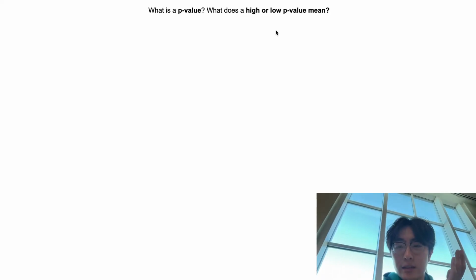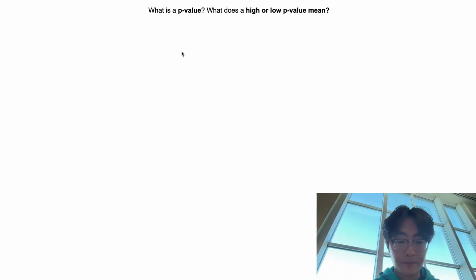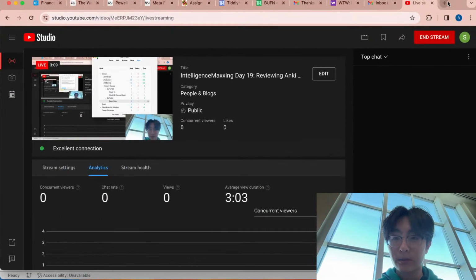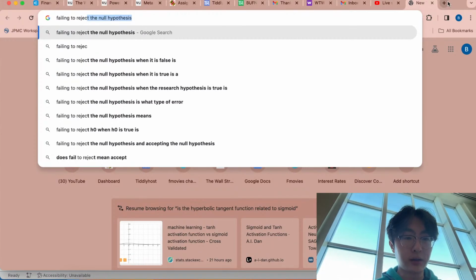It's likely that there is no real relationship other than chance and randomness. But having a low p-value means that we can say that we failed to reject the alternative hypothesis. I think. So that's something I should probably double check. So, failing to reject.